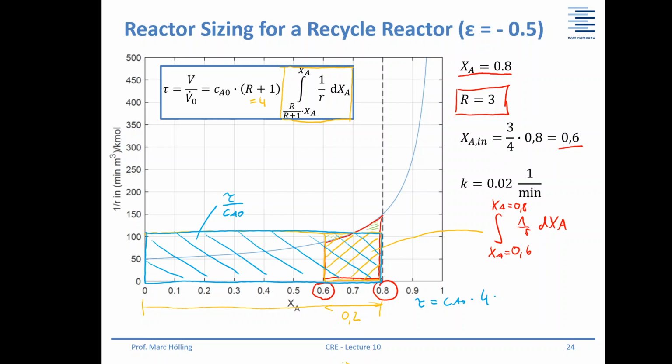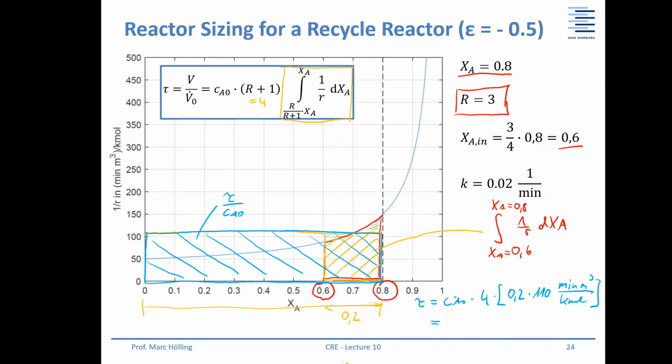To evaluate it, you have a difference in conversion of 0.2, which is without units, and then you multiply it with 1 over r, where the mean value should be something like 110, and the units are minutes cubic meter per kilomole.